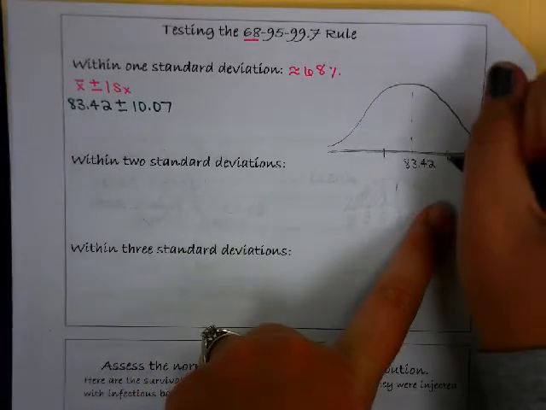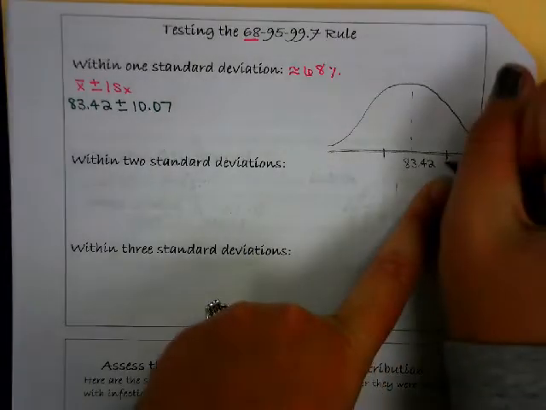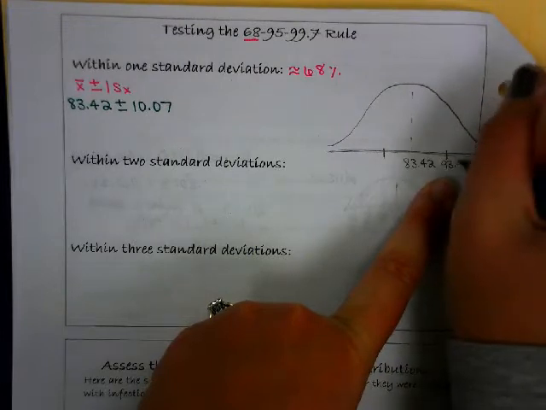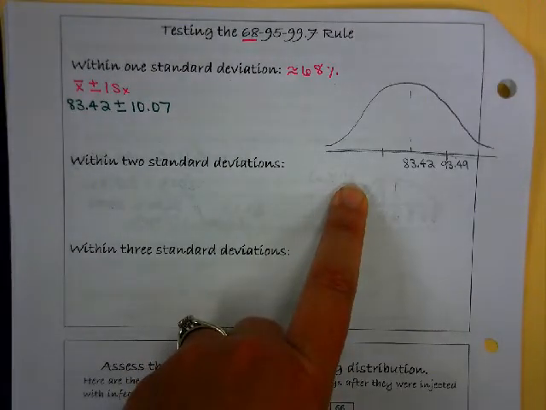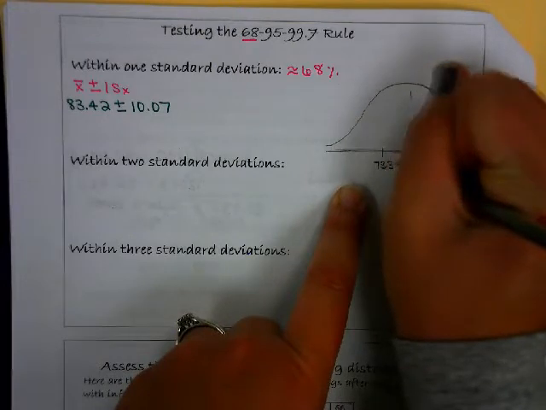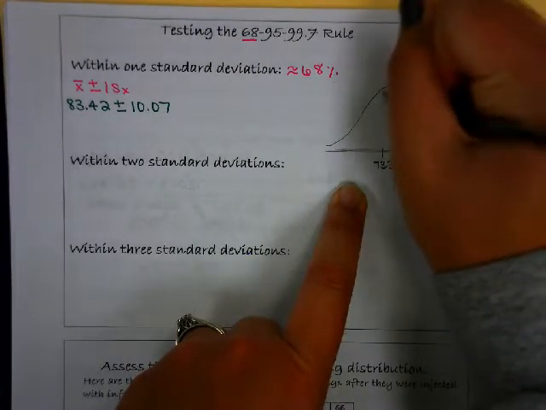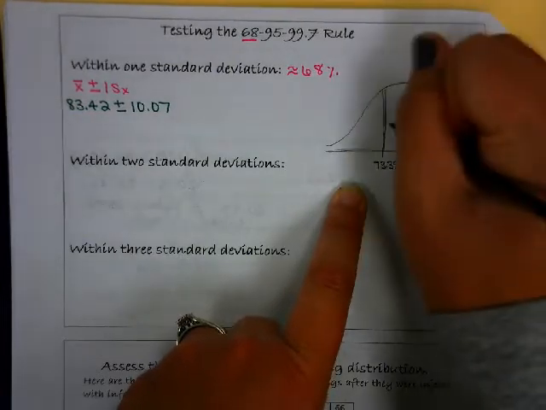So this would be 93.49, and this would be 73.35. What we're going to test is to see if we have 68% of the data in between those two values. Sorry, it's a really bad curve.